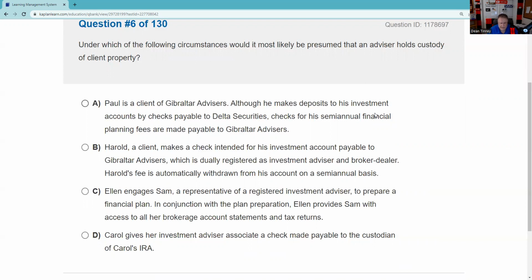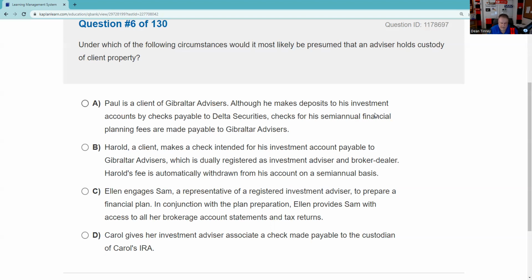B, Harold, a client, makes a check intended for his investment account payable to Gibraltar Advisors, which is duly registered as an investment advisor and a broker-dealer. Harold's fee is automatically withdrawn from his account on a semi-annual basis. Well, here it looks like there's an affiliated relationship between Gibraltar Advisors and the broker-dealer, right? That looks like it's going to be custody. Let's look and see.